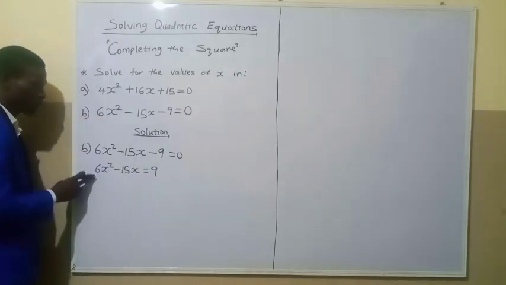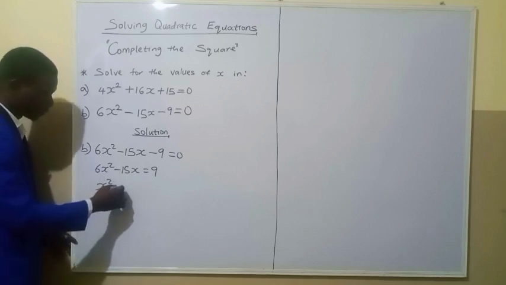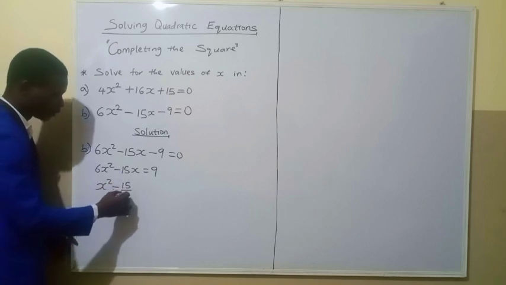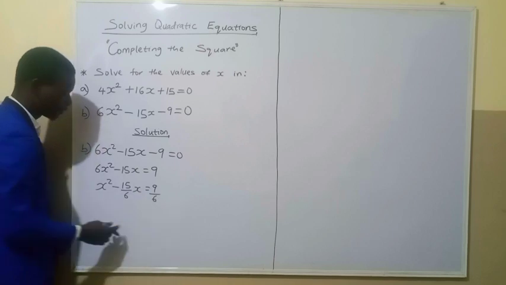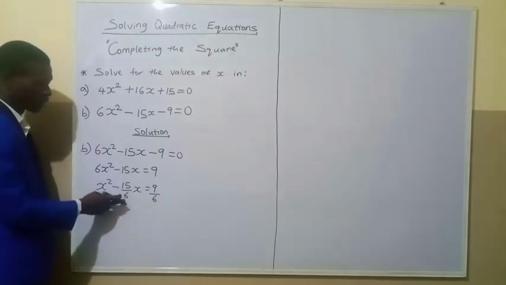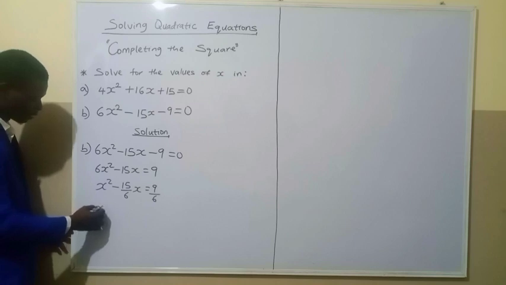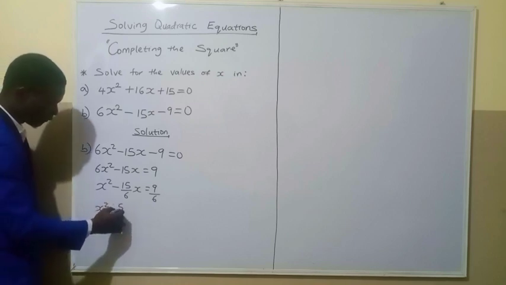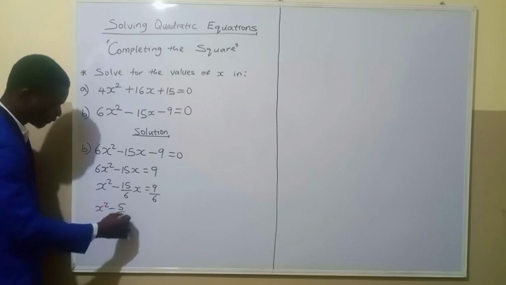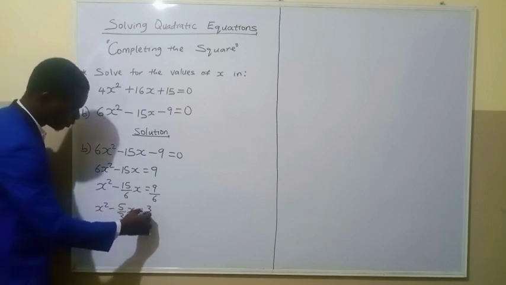The next thing is to make the coefficient of x be equal to 1. In achieving that, we are going to have x squared minus 15 over 6 x equals 9 over 6. And of course, something can divide 15 and 6, something can divide 9 and 6, so we can reduce that to the lowest term. That's going to be x squared minus 5 over 3 x equals 3 over 2.